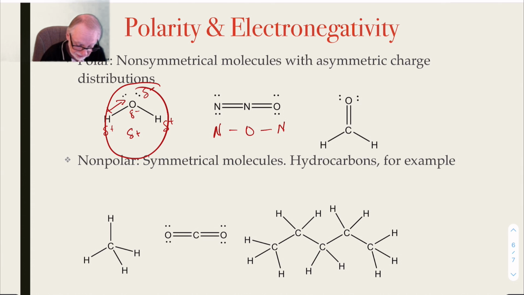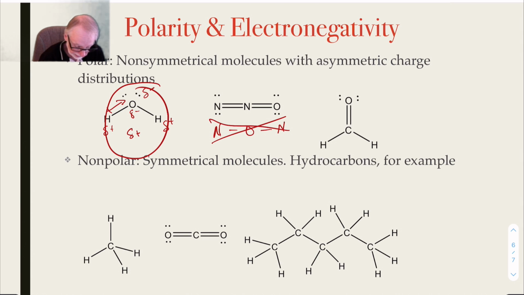And that would give us a non-polar distribution, kind of like carbon dioxide down here at the bottom. That we'll see is because we've got oxygen on both sides of the carbon, that it's symmetrical, and this is a non-polar molecule, meaning the overall charge distribution is symmetrical.